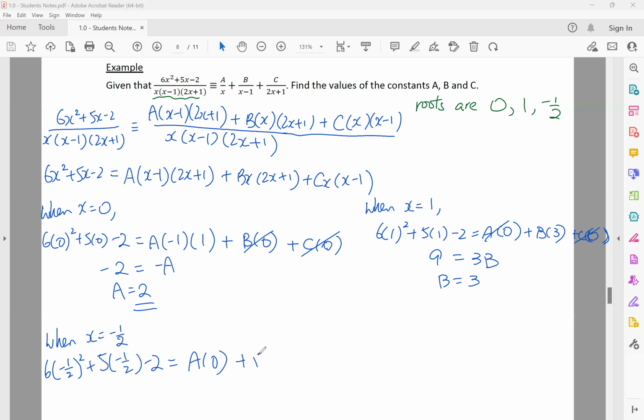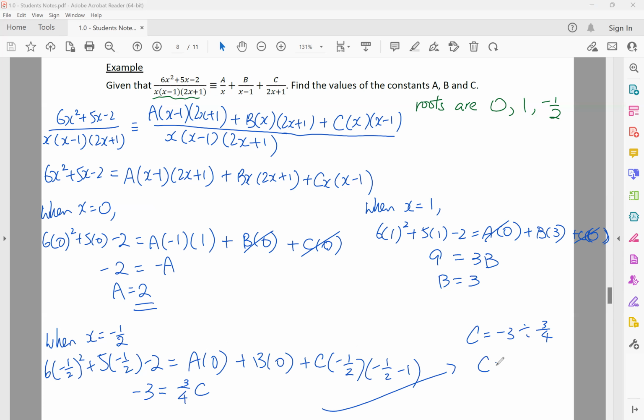B will go to 0 as well. C won't. So c times negative a half minus 1. Put it all in, you get minus 3 equals 3 over 4 c. So c equals negative 3 divided by 3/4. c equals minus 4. And that's what they need.